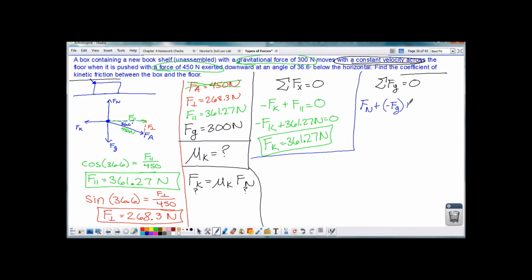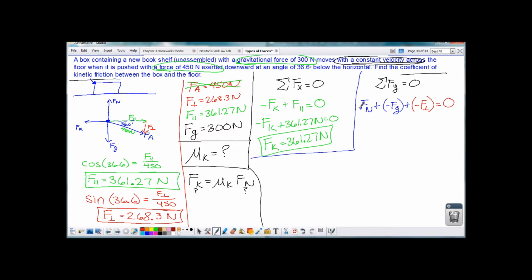We usually say the downward direction is negative. But that's not all. I also have the perpendicular component, and that is directed downward. So I'm going to make that negative as well.